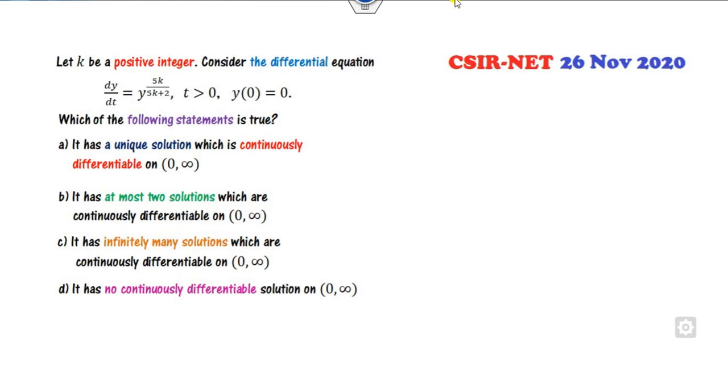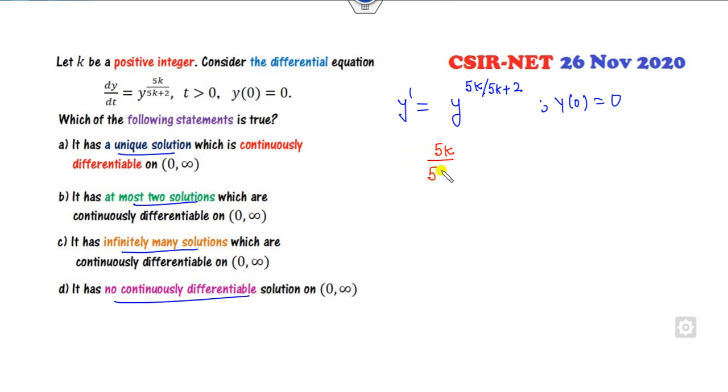Okay, sir. Recent 2020. y dash is y to the power 5k over 5k plus 2. Initial condition is y naught is 0. And again they are not talking about what is the solution. They are talking about unique solution, two solutions, infinitely many solutions, or no solution. What is the condition for that? You have to check this case. So clearly whatever the value of k, whatever k is in the reals, this number is always less than 1. Fine.